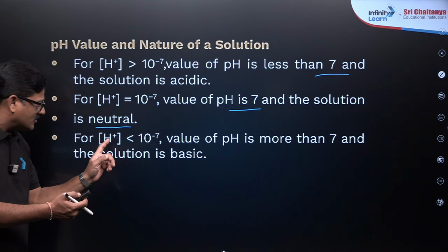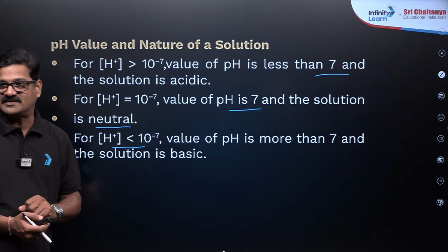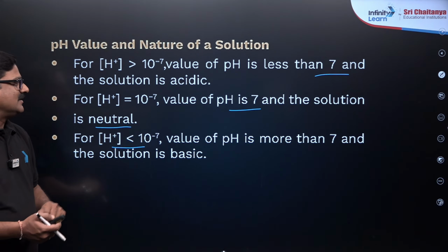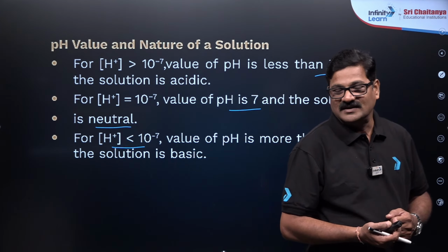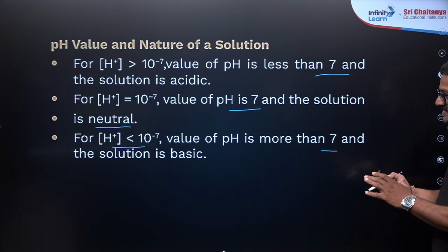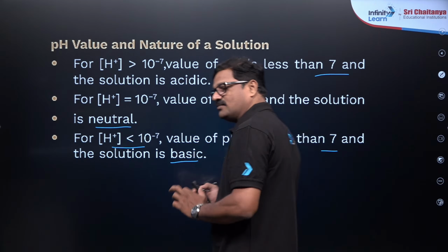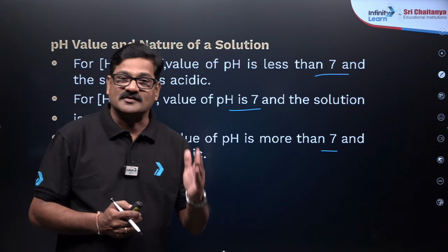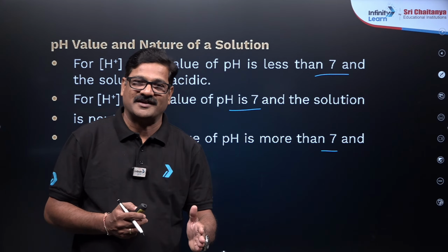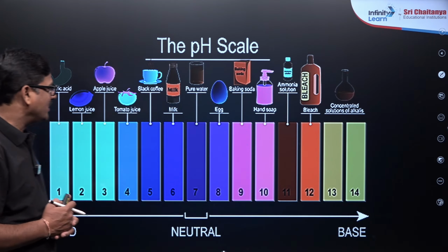If the H plus ion concentration is less than 10 power minus 7, the pH is greater than 7 and it is basic in nature. So, for acidic and basic nature, you have to take into account the relative H plus and OH minus ion concentrations. Right? Let us move here.